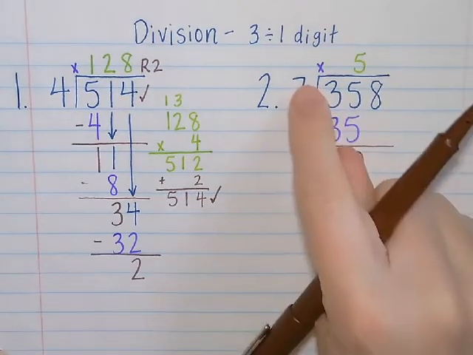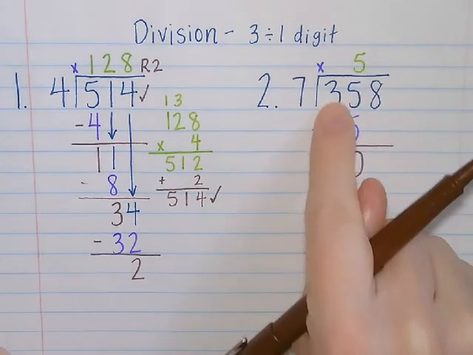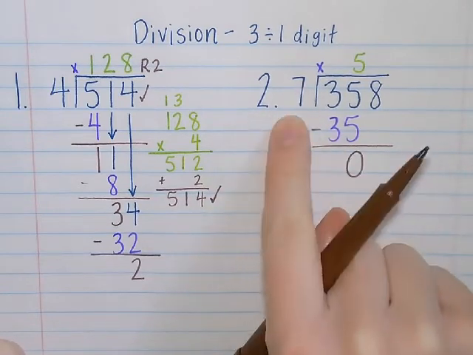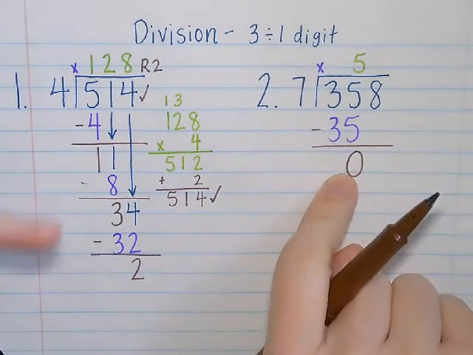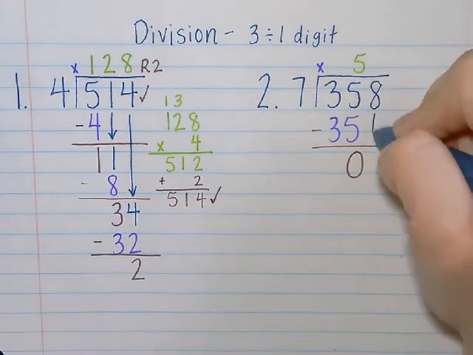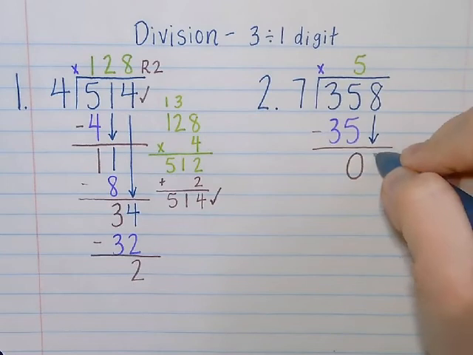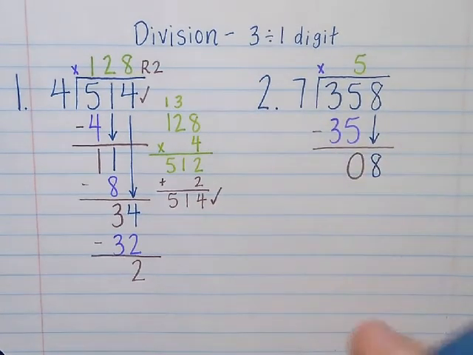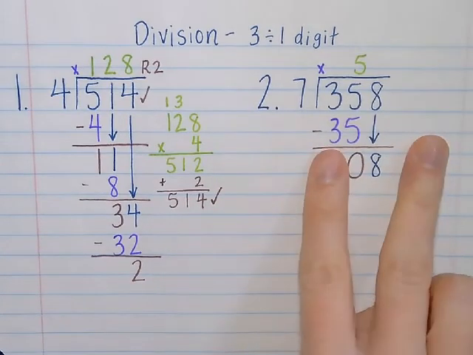Again, checking my math, 7 times 5 is 35. 35 minus 35 is 0. Since I cannot ask how many times 7 can go into nothing, I know immediately that I need to bring down that 8. I know that 7 can go into 8, but how many times? So I count by 7s. 7, 14.